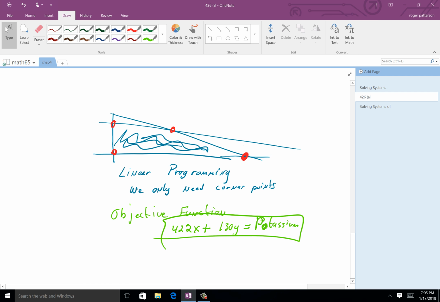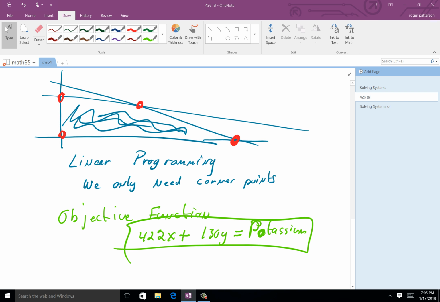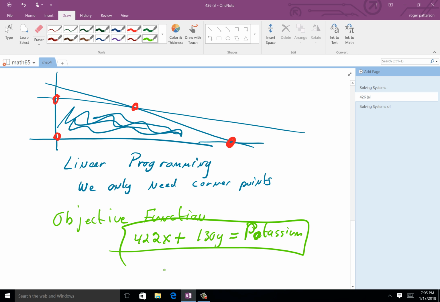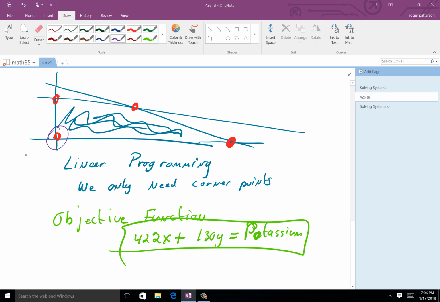So if I go down to here, I want to check every single one of these corner points in this equation to see which one is a maximum. Now, we can pretty much figure out this corner point, what are its coordinates right there? 0, 0. Is that going to maximize anything?